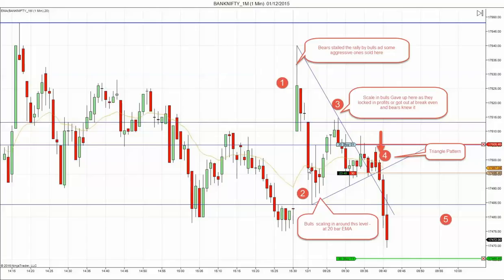It closed below it. So it's a clue that bears are strong. They are going to own the price for at least a while. That's what they're stating here, and that's what you need to be able to read and set yourself up to get into this move.